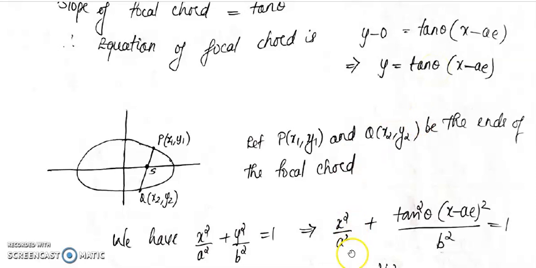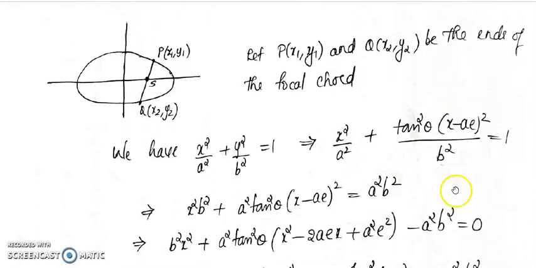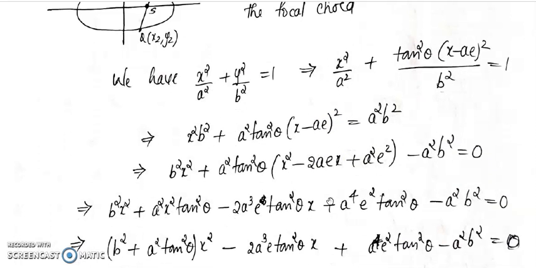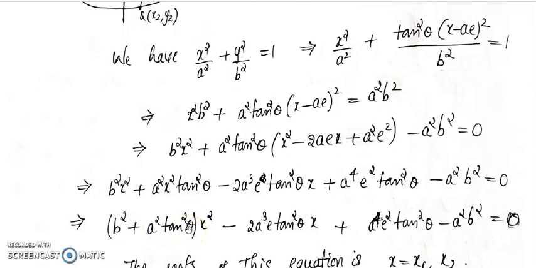Therefore x square by a square plus tan square theta into x minus a whole square by b square will be equal to 1. Simplifying this equation, you will get x square b square plus a square tan square theta into x minus a whole square equal to a square b square. So expand x minus a whole square, and after expanding you will get it in this form. So this will be a quadratic equation in x.